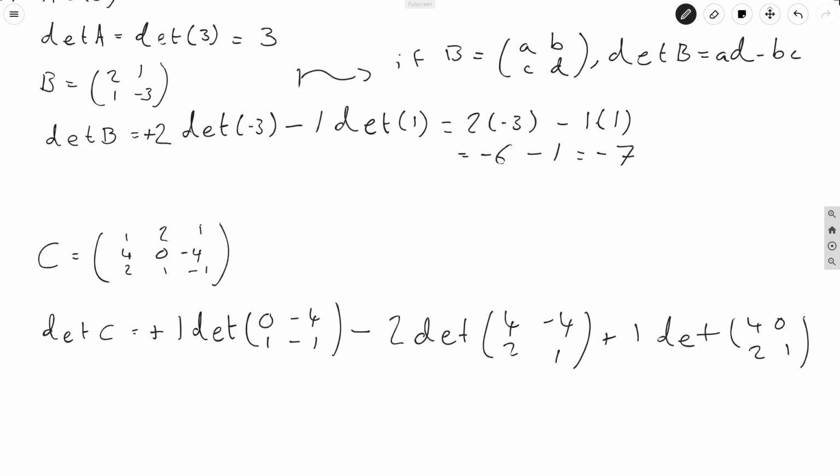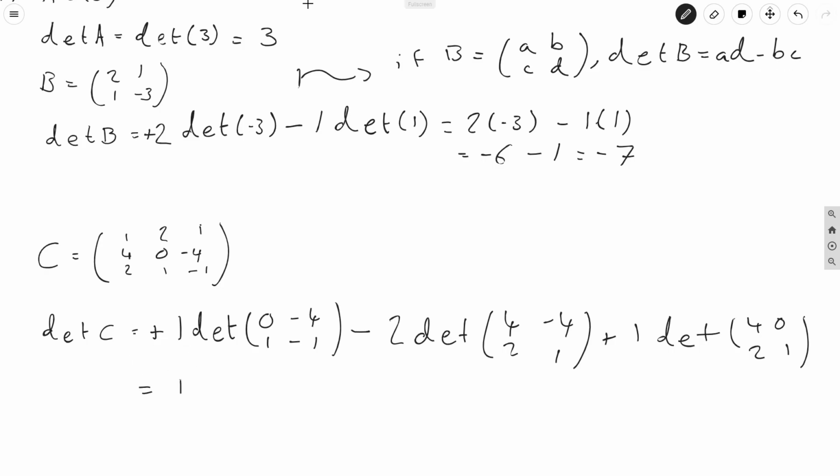Okay? And now at this point, it's just a case of computing this. And like I say, we could go through this again. We could work out these determinants individually: write down the first one, take the determinant of the remaining submatrix, and so on. But it's actually going to be easier for us here to just apply this formula up here.